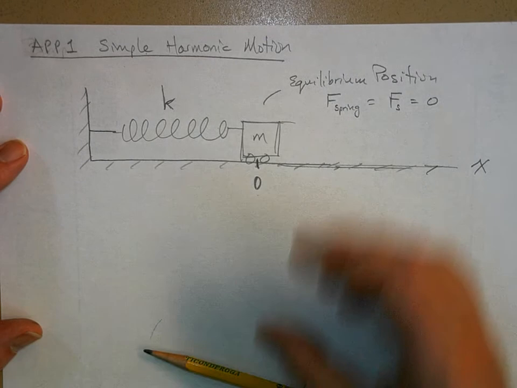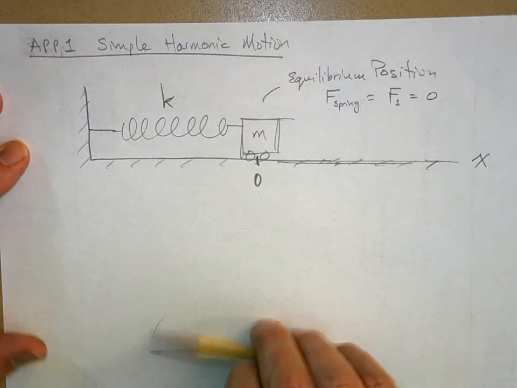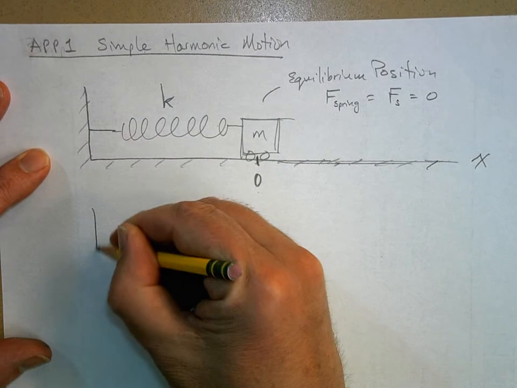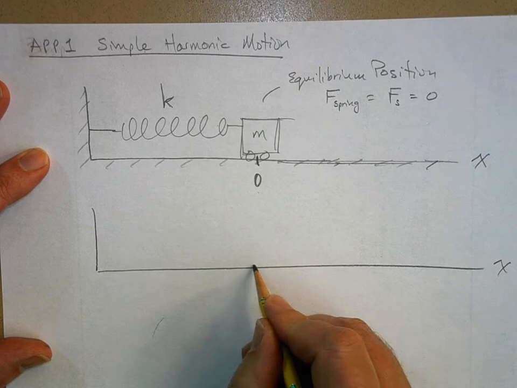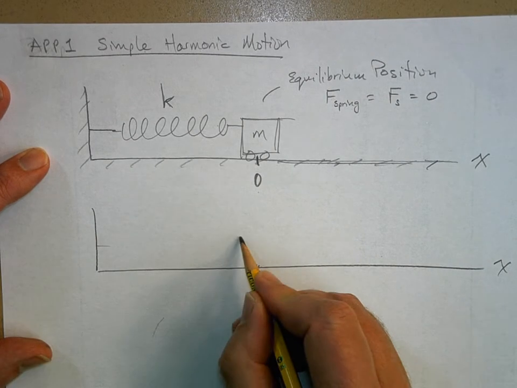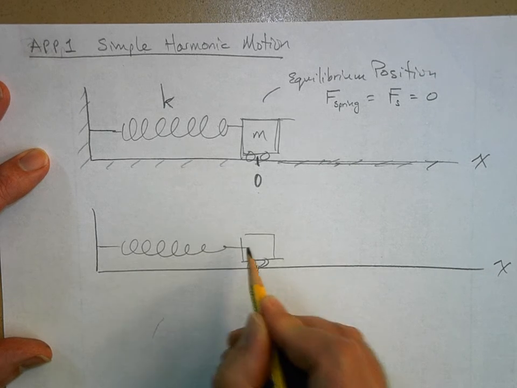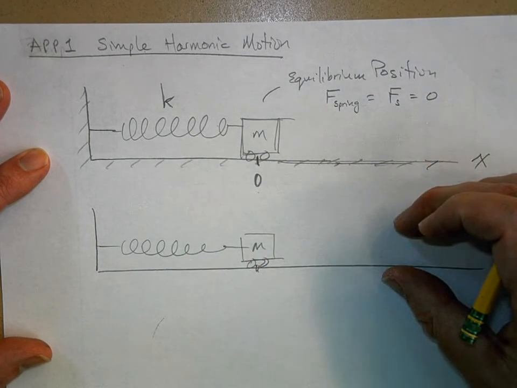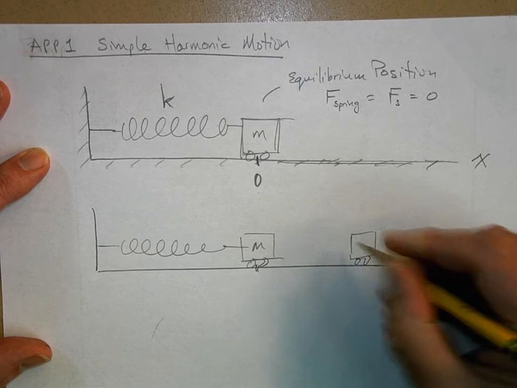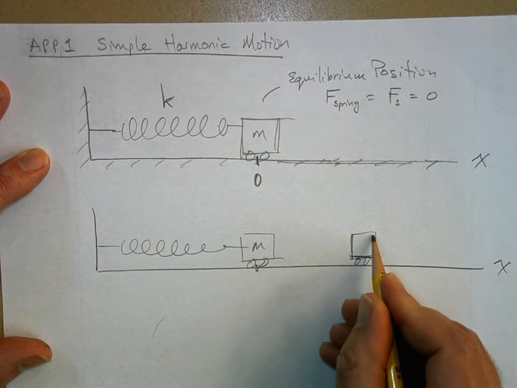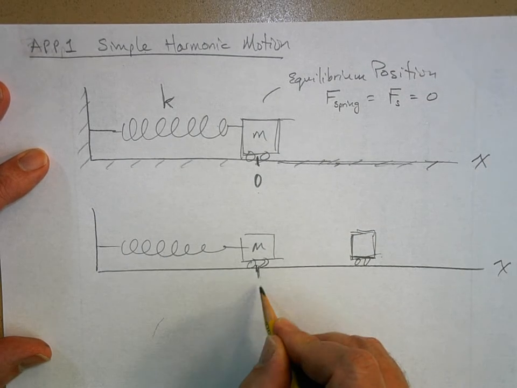But if I were to take this object and pull it this way, so I'm going to redraw it. Here's X again. Here's 0. Here's my crate. Sorry, making you redraw all this stuff. But what if I pull it out this way? And I'm just going to hold it there. Well, this is 0.